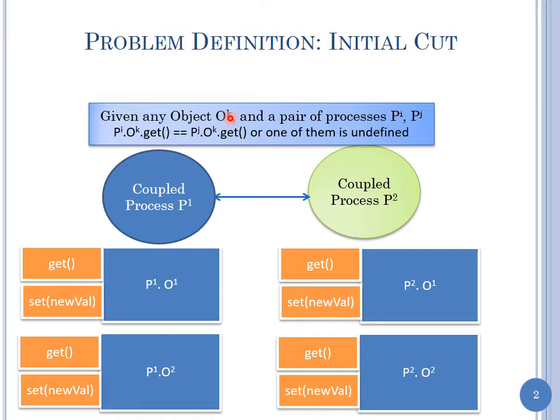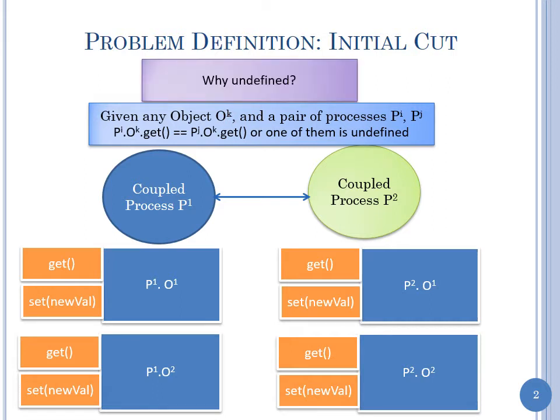And similarly, if we are looking at O2, then P1.O2.get should be equal to P2.O2.get. Either that should be true, or the get function should say, sorry, I can't tell you, the state is unstable, it's undefined. So take no action based on the value of the state. So either the get function returns an undefined value, or the get functions on corresponding objects and corresponding processes all return the same value.